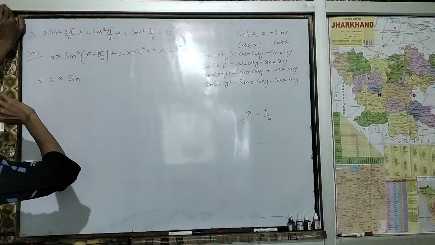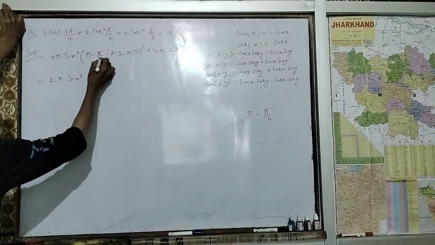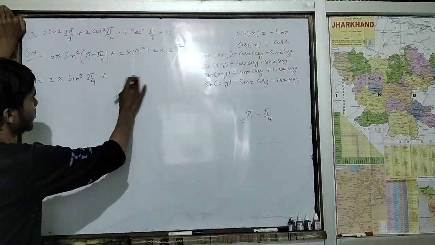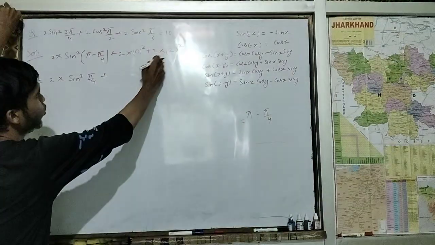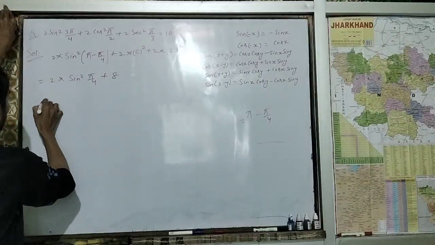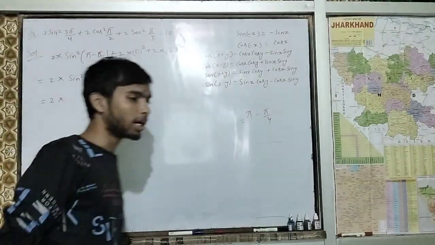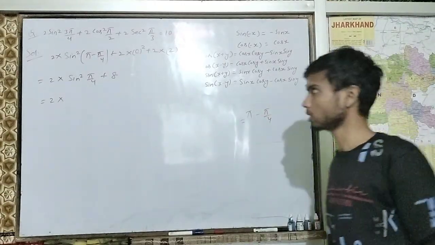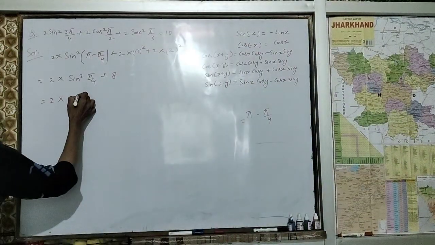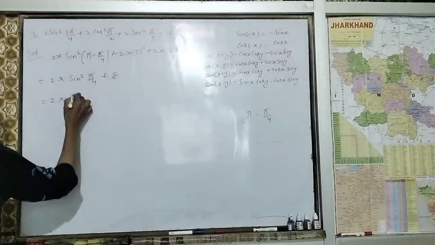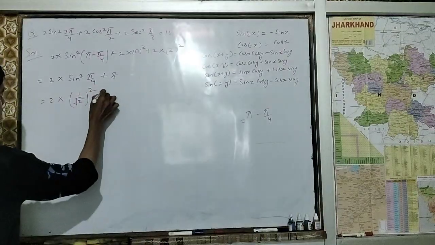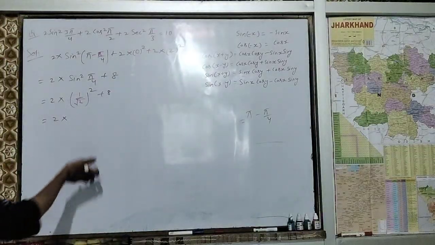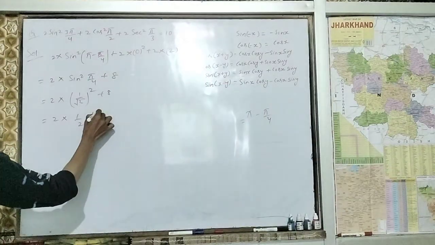So sine square of pi upon 4 plus 2 multiplied by 0. Pi upon 4 is nothing but 45 degrees, 1 upon root 2. 1 upon root 2 squared. 4 is the perfect square of 2, so it is becoming 1 upon 2 plus 2.